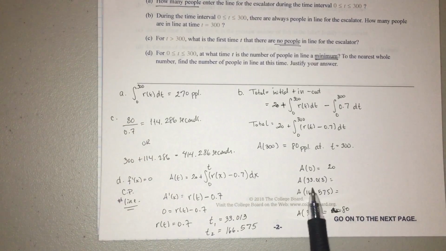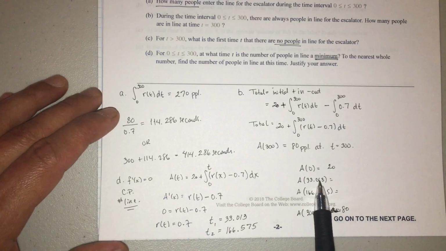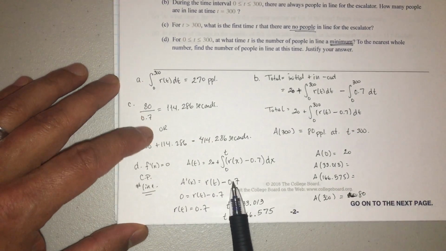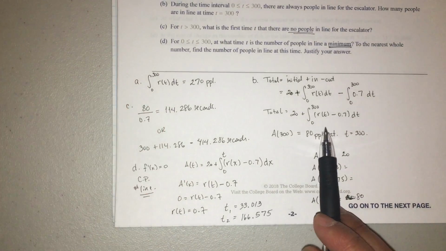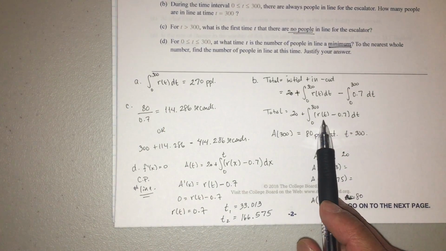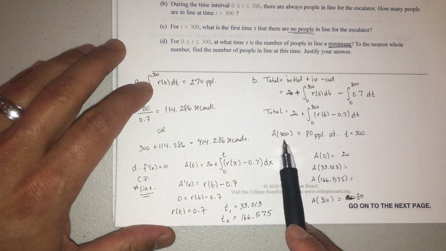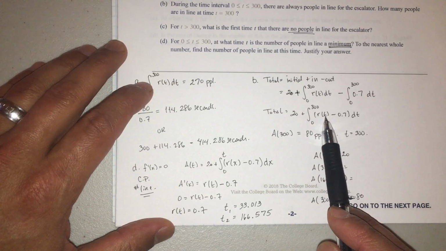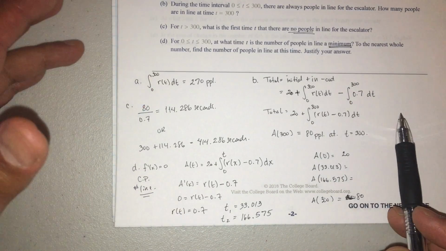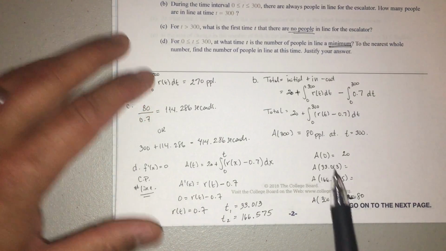Okay. So now I take my calculator and plug this in. You can plug it into here as well, because it's from 0 to 300, just like we did with the other ones. Plug in 33.013, and let the calculator do the work for you. Same thing for the other.